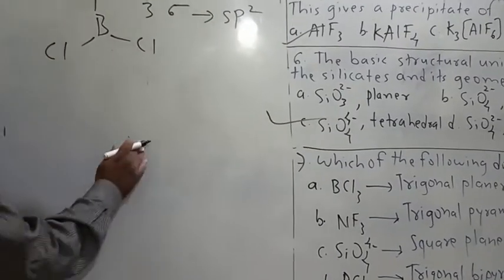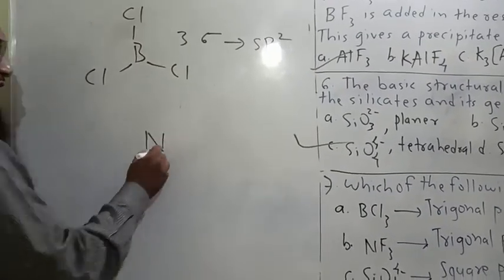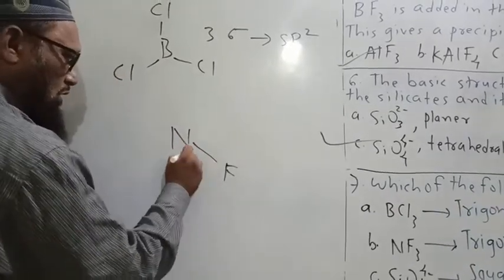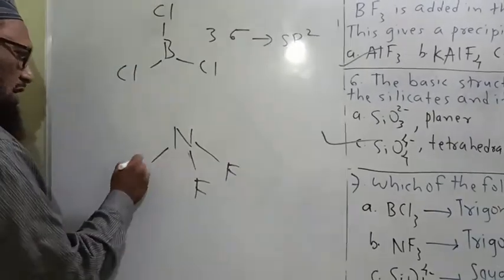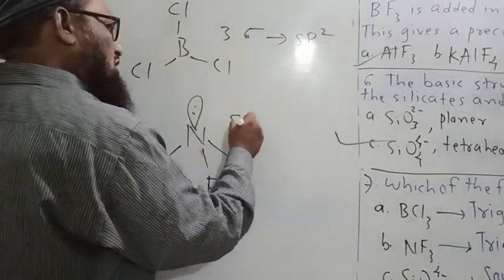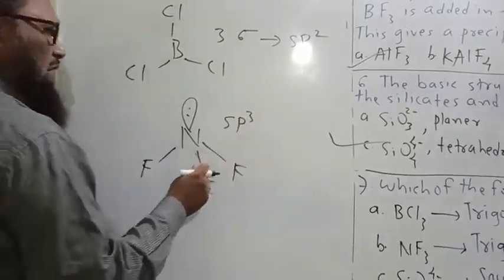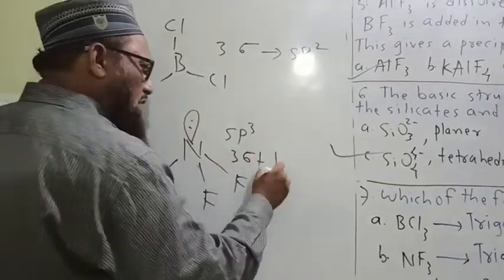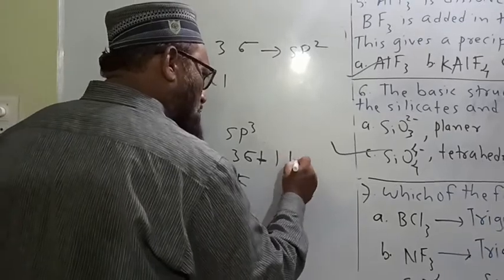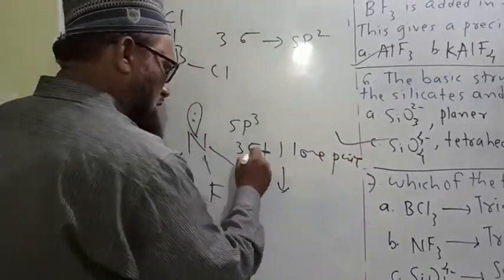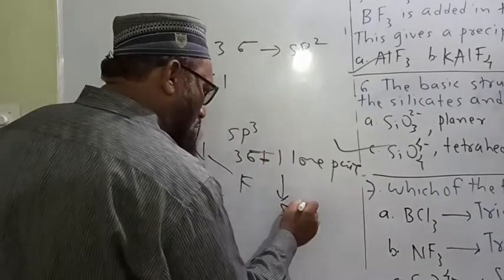Then NF3, nitrogen central atom, valence electrons 5. Out of 5, 3 are used in bond formation with fluorine. Here nitrogen undergoes sp3 hybridization. Why sp3 hybridization? Here 3 sigma bonds plus 1 lone pair gives 4.